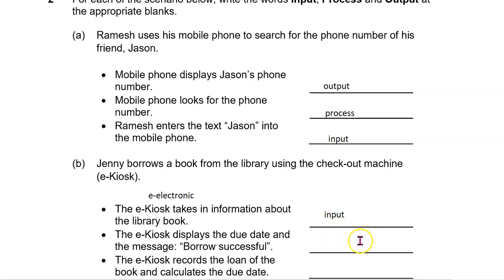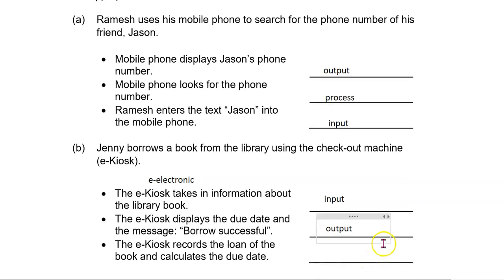Okay, displays the due date and the message borrow is successful. So to display will be an output, and the e-kiosk records the loan of the book and calculates the due date.